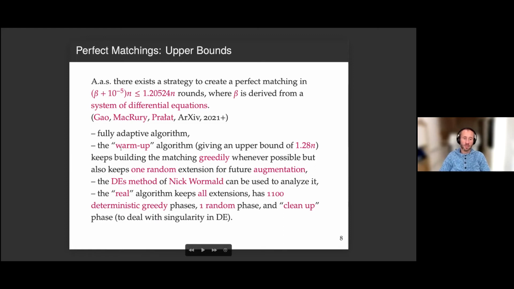So this warm-up algorithm was only one extension, and random, to make it simple. But to squeeze 1.2 instead of 128, you need to do greedy choices for your circles, as I mentioned earlier. And actually, we went all the way to 1100 phases. So you have to glue your phases.